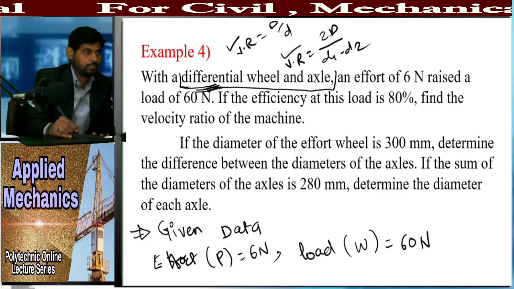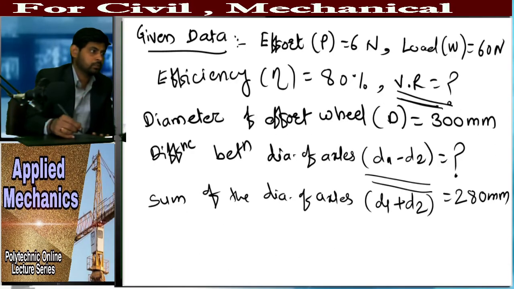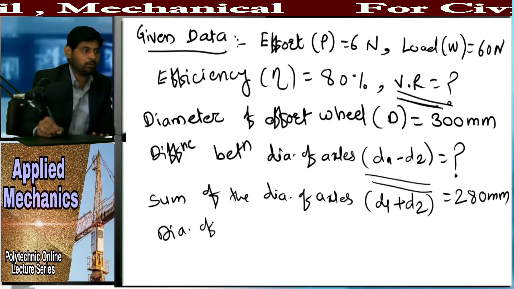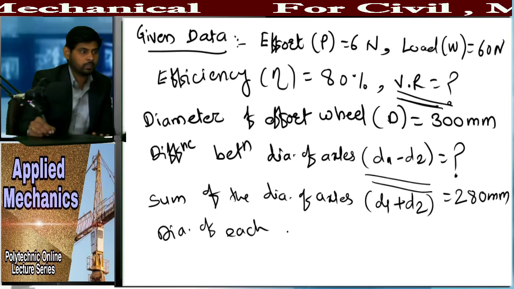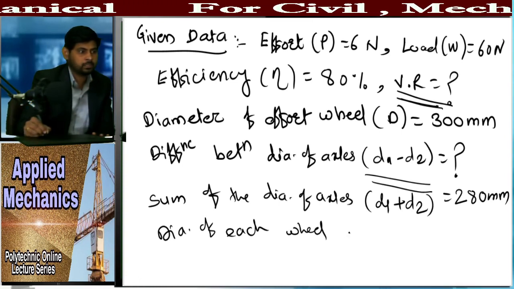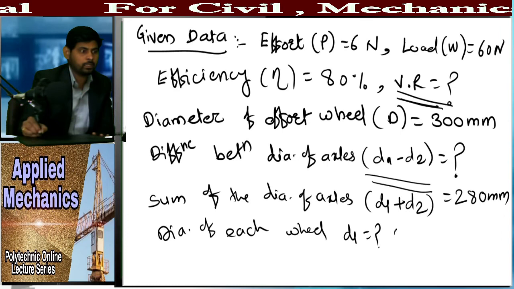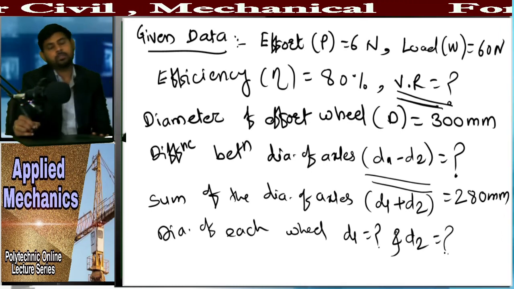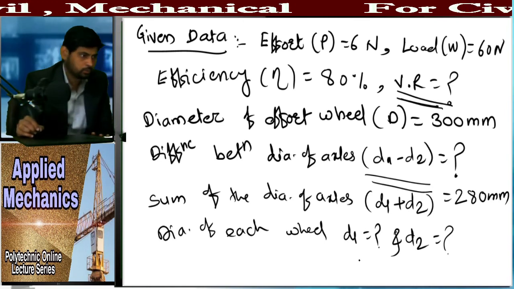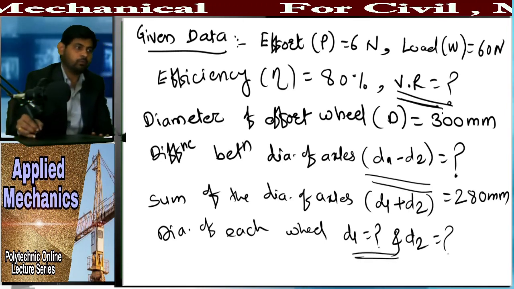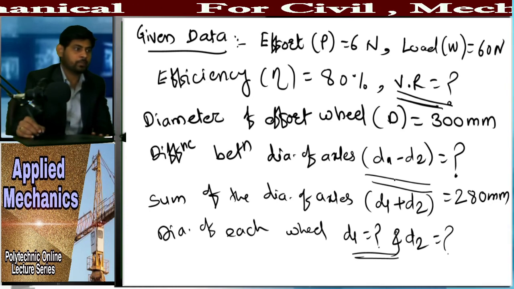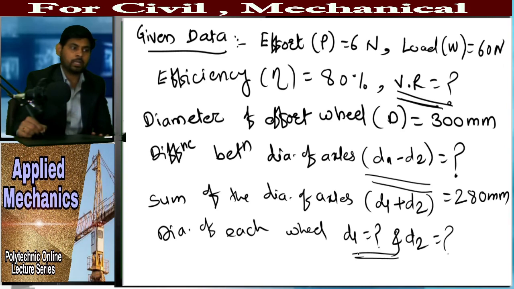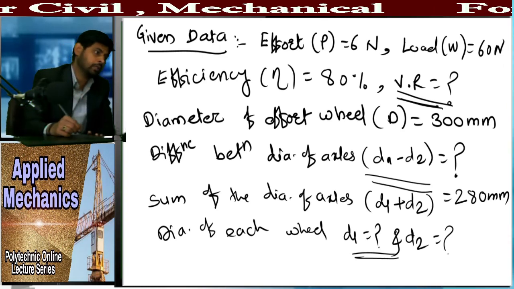After that, determine the diameter of each wheel. So here they are asking us about the diameter of each wheel, meaning D1 is equal to how much and D2 is equal to how much. These two terms we have to find out. So we have to find out three terms here. One is the velocity ratio, second is the difference d1 minus d2, and separately the values of d1 and d2.